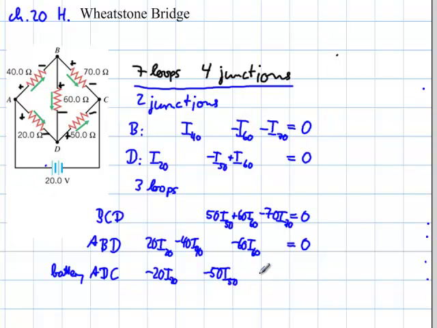Whoops, I have plus 20 volts, and that equals, again, since I went all the way around, 0. Of course, there's no space for the 20 volts here. Notice that everything on the left-hand side is in currents, so I'm going to take the voltage to the other side, and I'm going to write there negative 20 volts.